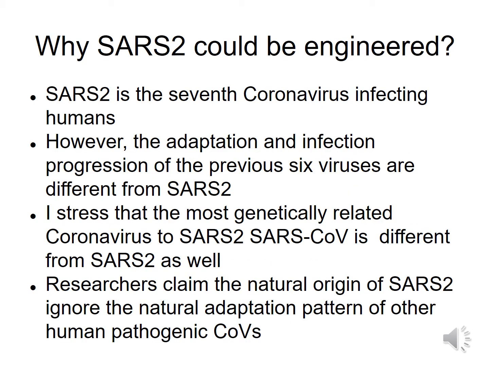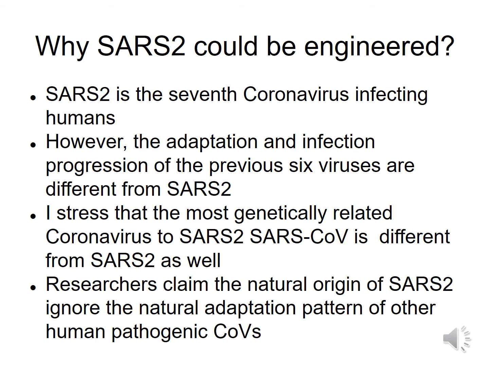So SARS-2 is the seventh coronavirus infecting humans, and its adaptation, infection and progression pattern is completely different, including from the most genetically related virus, the SARS coronavirus, whose epidemic took place in 2002 to 2004 and vanished.